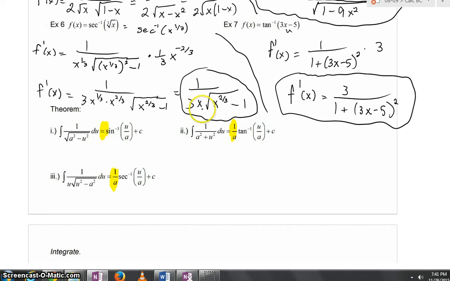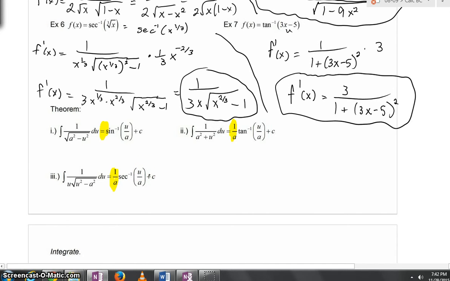For number 2, if I gave you 1 over a squared plus u squared, that would be 1 over a times inverse tangent of u over a plus c. And finally, if we are integrating 1 over u radical u squared minus a squared, that would be 1 over a inverse secant of u over a plus c.